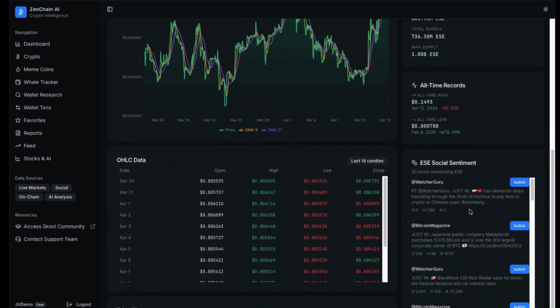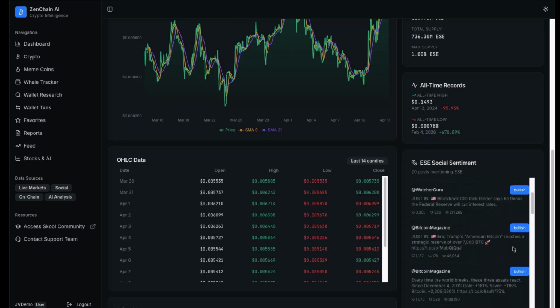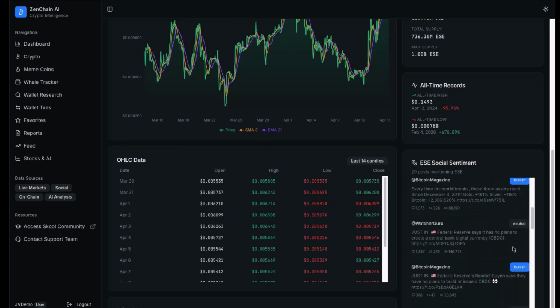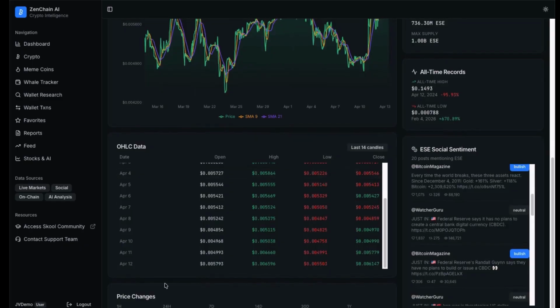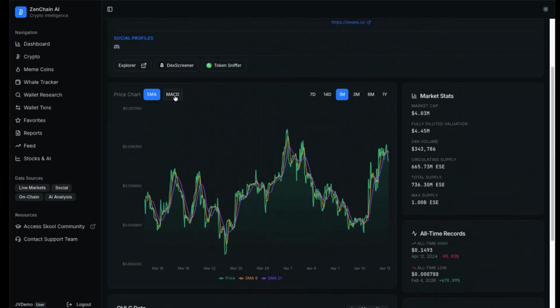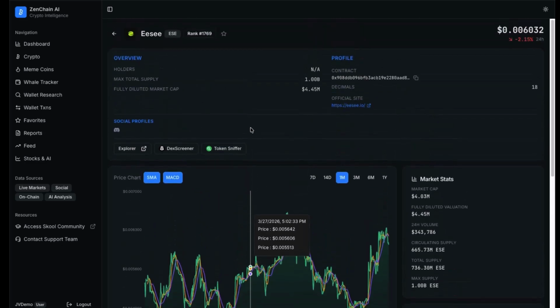Imagine logging in and instantly seeing which tokens whales are buying right now, which projects are being dumped, what the overall market mood is: fear, greed, or hype. Social sentiment pulled straight from top crypto accounts. No more hours of research. No more chasing rumors. Just actionable insights in minutes.